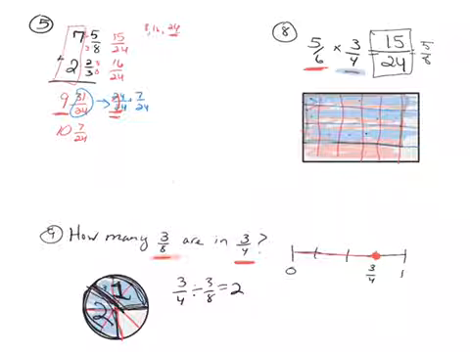So what I'm going to do now is divide it up into eighths. So now I have 1, 2, 3, 4, 5, 6/8, which is the same as 3/4. So now I want to figure out how many jumps of 3/8 I can do.